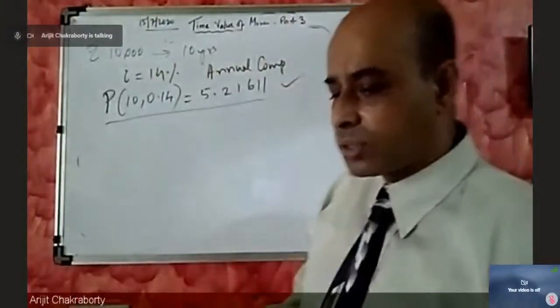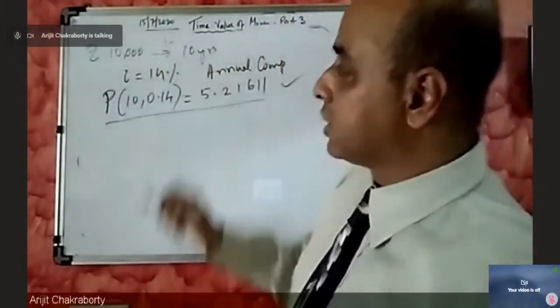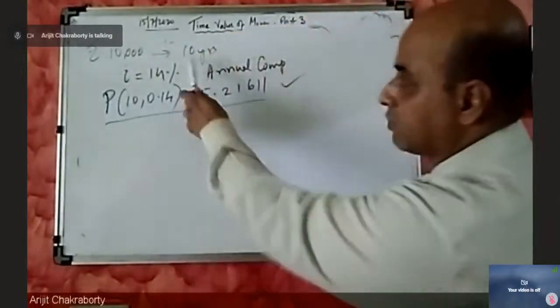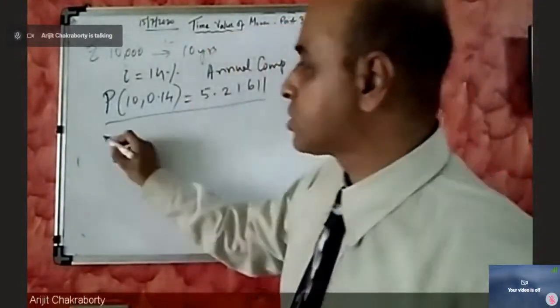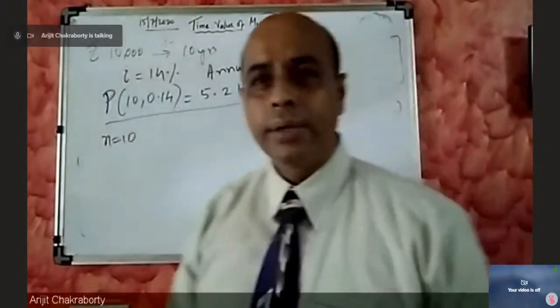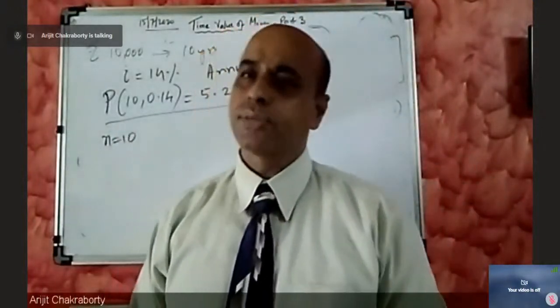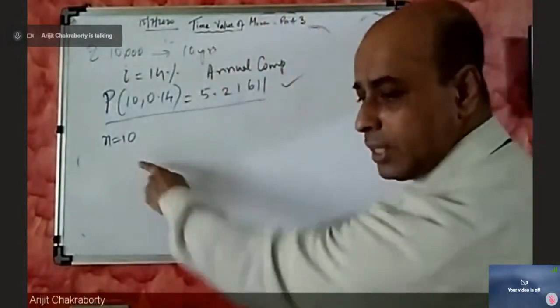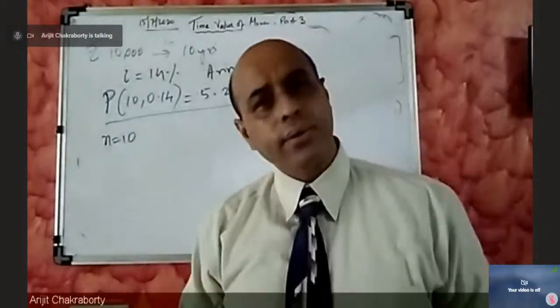So let us see here what to do. Here n is equal to 10 because we have annual compounding. The number of conversion periods is 10 because we have annual compounding and the duration given is 10 years. Second, what is the interest rate?